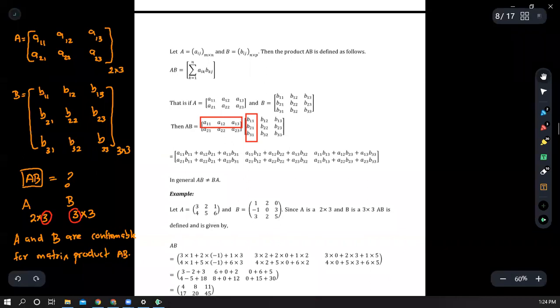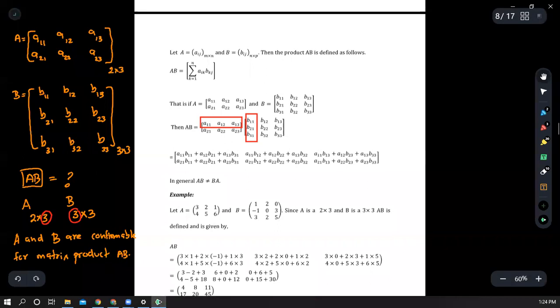So here this is A11 multiplied with B11.